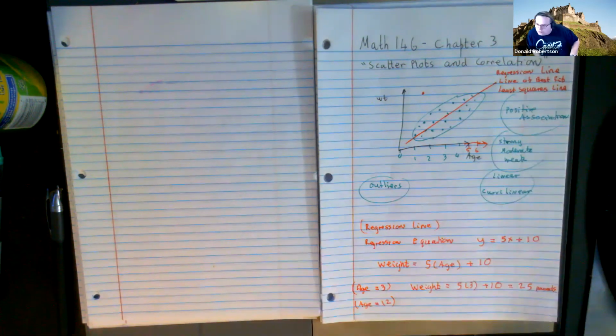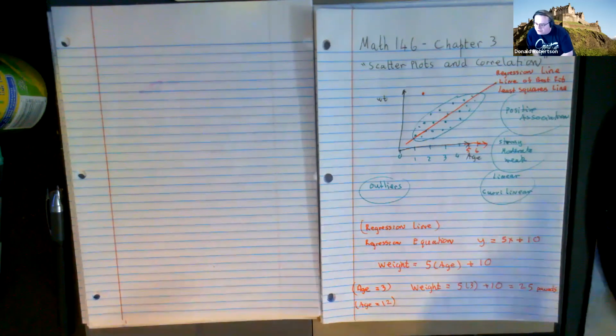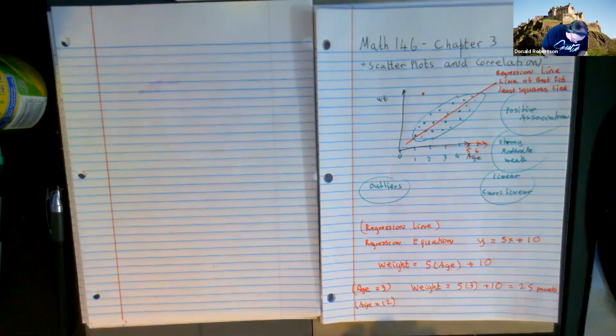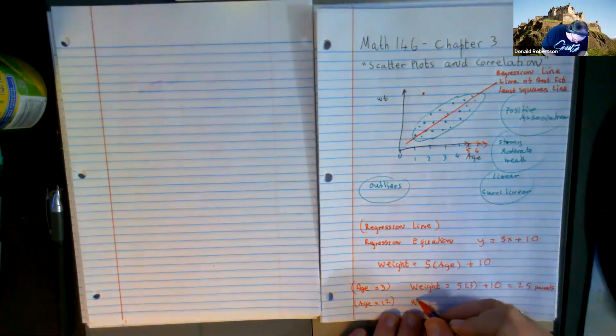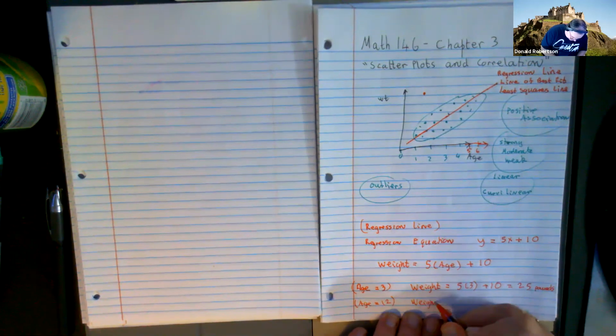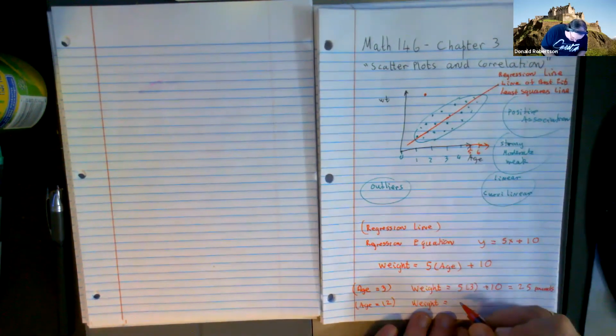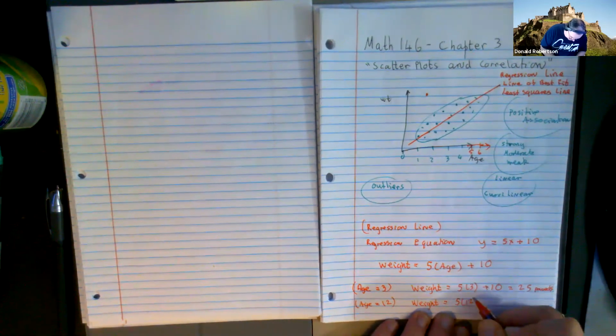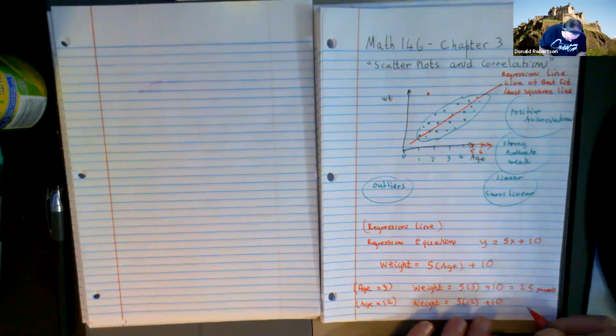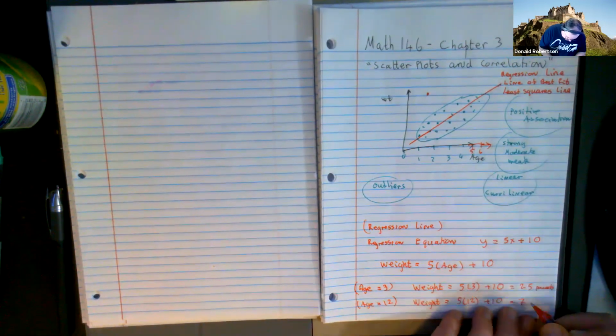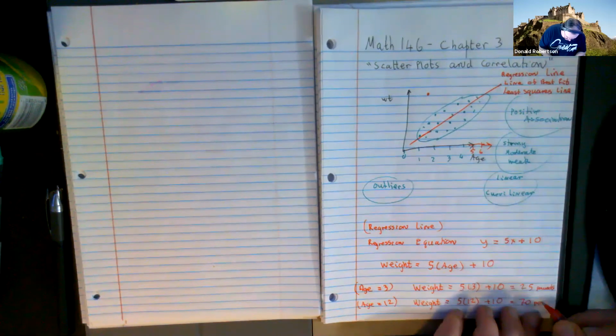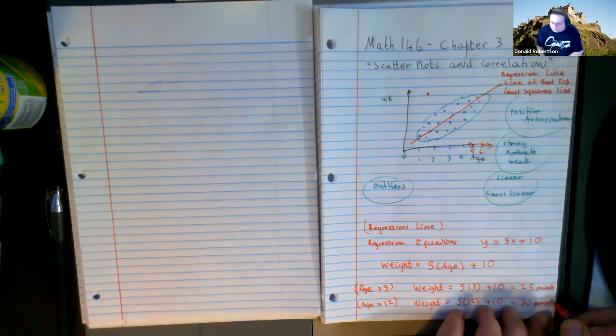Wouldn't it be reasonable, not guaranteed, that you could use it to predict a 12-month-old elephant, even although you haven't collected data on that particular age? In this case, the weight would be 5 times 12, add 10, and the elephant has now grown to 70 pounds.